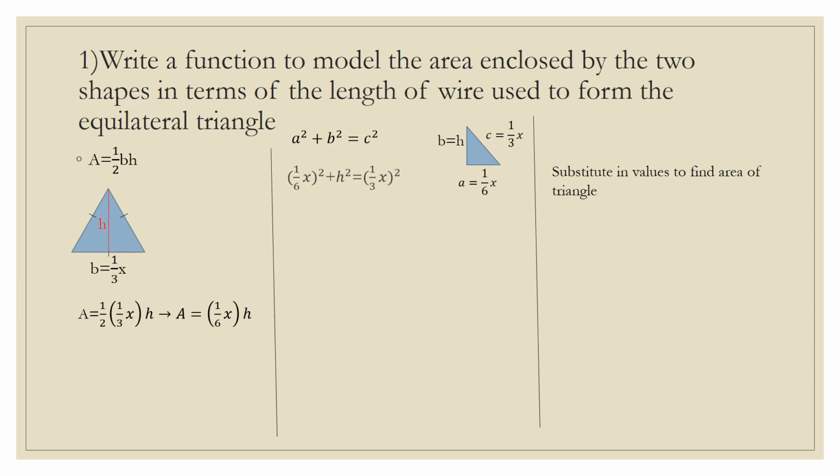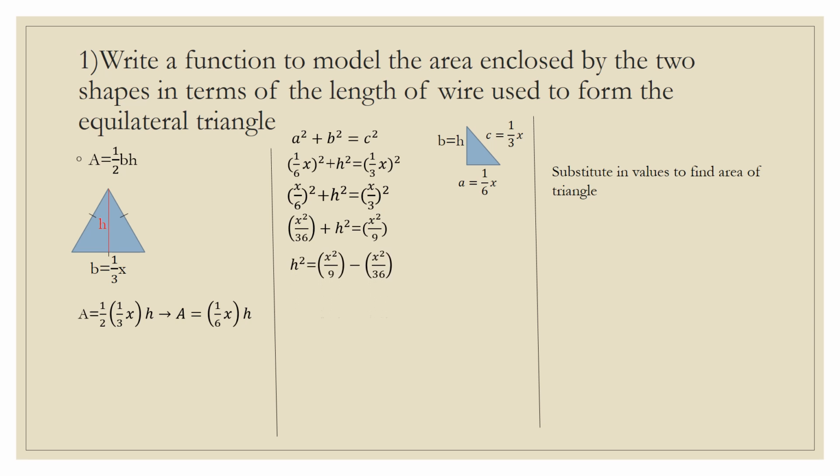If you put these values into the theorem, you will have (1/6 x) squared plus h squared equals (1/3 x) squared. We can simplify by making it (x over 6) squared plus h squared equals (x over 3) squared. After distributing the square, the equation is x squared over 36 plus h squared equals x squared over 9.